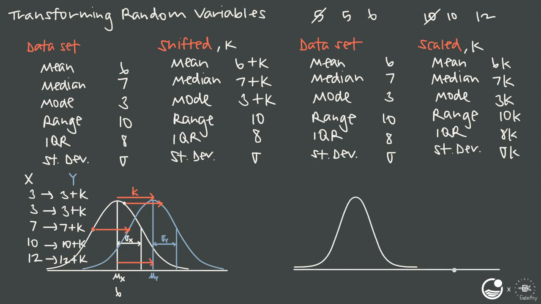So let's say that this is the distribution of our original data set. We could identify here the mean and then the standard deviation in this original set. Scaling the data set by some factor, if k is greater than 1, means we're increasing all of the values in the set. And so what that's going to do is stretch out this distribution horizontally.